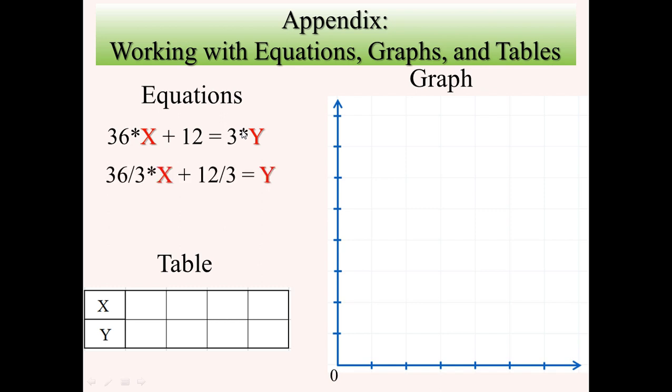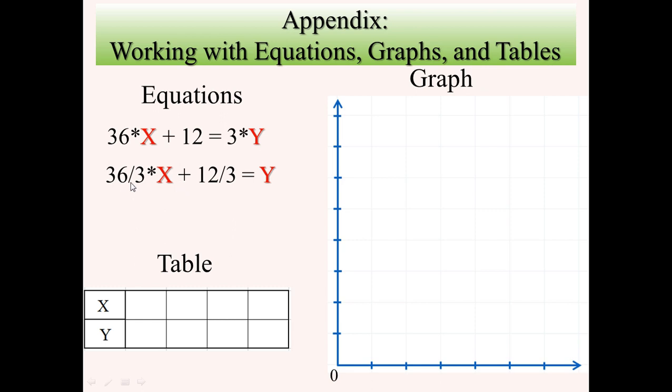Okay, maybe I can divide all of them by 3. Why do I need to divide all of them by 3? Because I want to get only y on one side. The other side, yes, we have a number and x. Because of this side, 3y, that's why we divide all of this equation by 3.